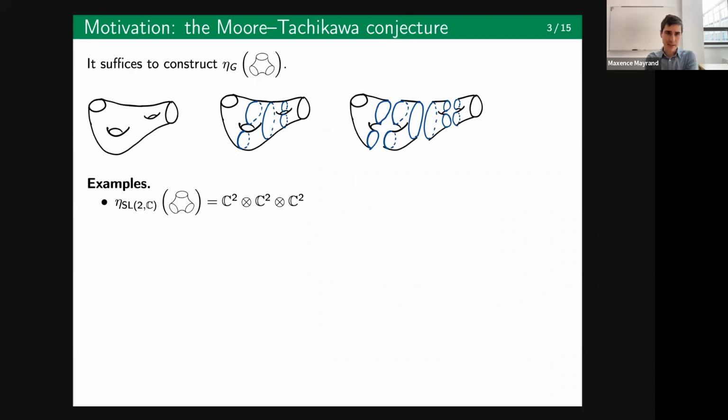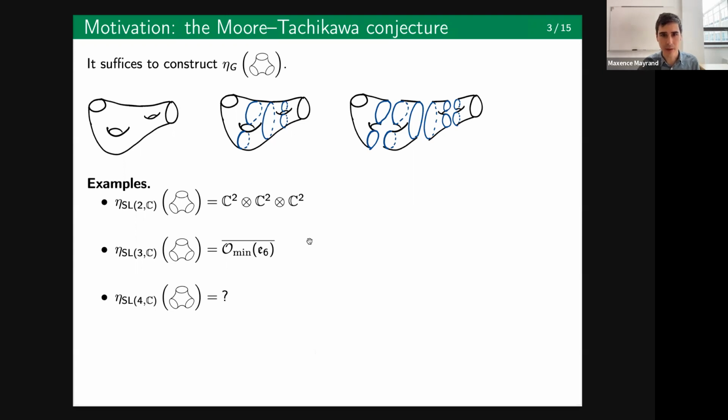And in the case of SL2C, it turns out to be the standard representation of SL2C tensored with itself 3 times. And now, surprisingly, in the case of SL3C, it's the closure of the minimal nilpotent orbit in E6. And then after that, they didn't know the answer. That was in the original paper of Moore-Tachikawa, they had these examples.